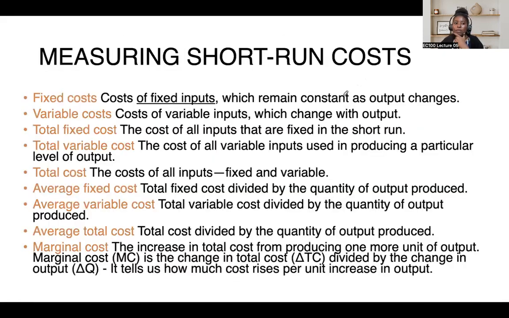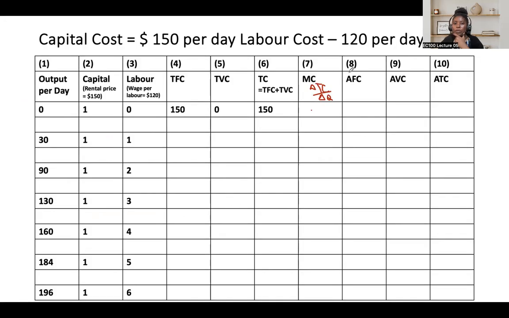AFC is average fixed cost. What does it mean? We want to know the fixed cost per unit of output. To produce 1 output requires how much fixed cost, in other words. So you take total fixed cost and divide by output.